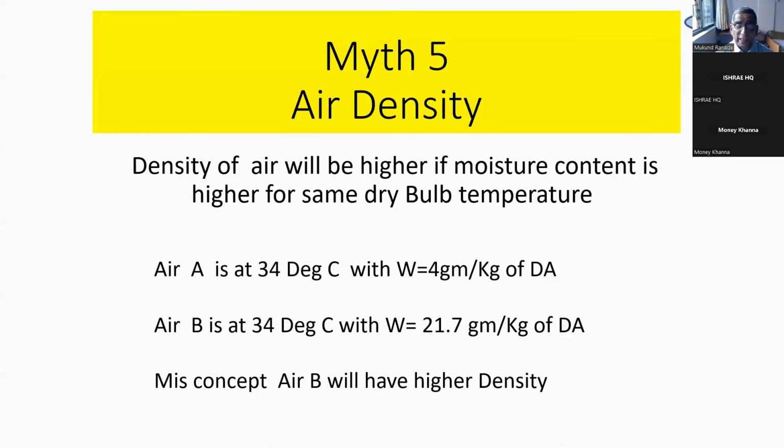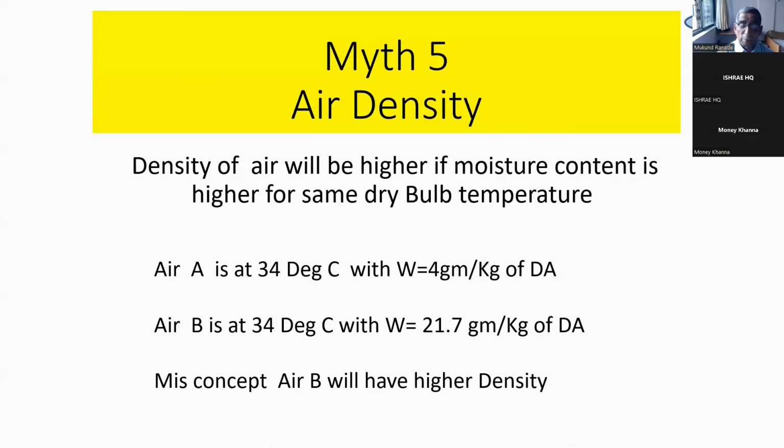So let us take air A at 34 degrees centigrade with moisture at 4 grams per kg of dry air, and air B at 34 degrees centigrade, so the temperature remains the same, but the moisture is as high as 21.7 gram per kg of dry air.